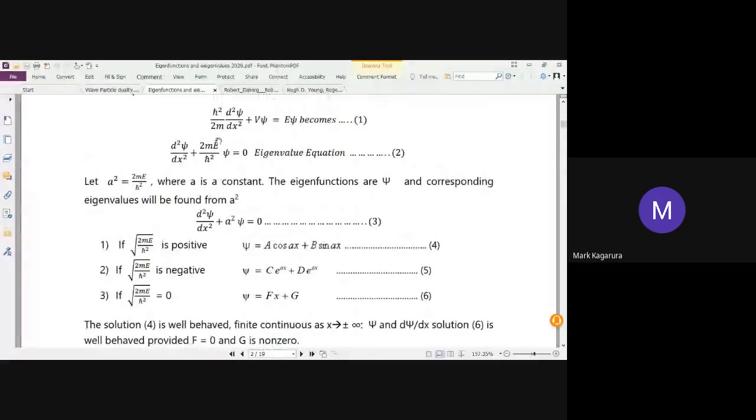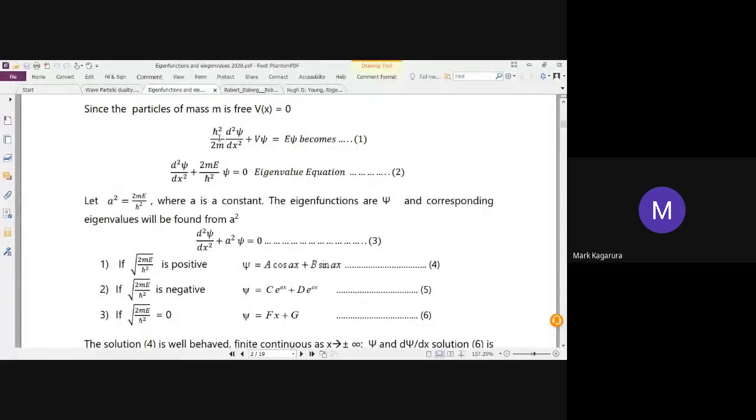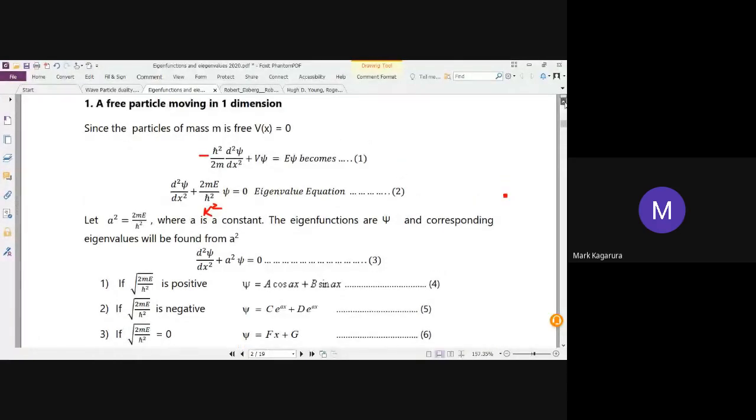Remember, we said that this is our k, and it was ħ²k² over 2m equals E. Usually this is negative there, so you just have to correct that bit.